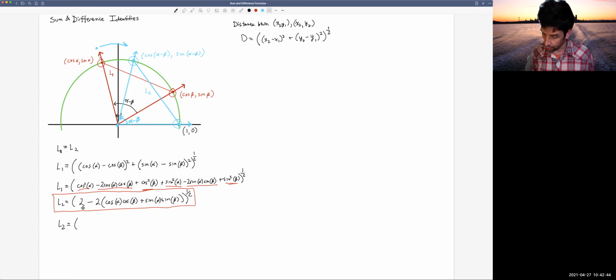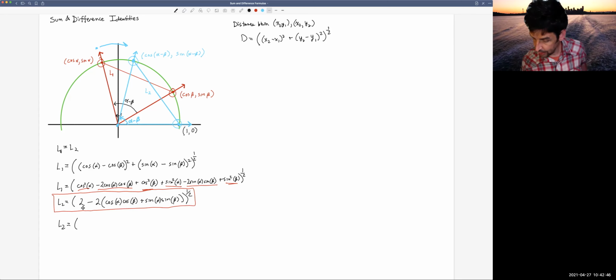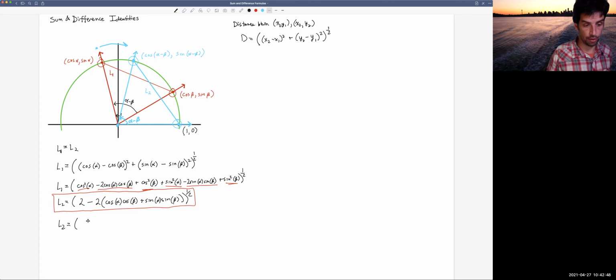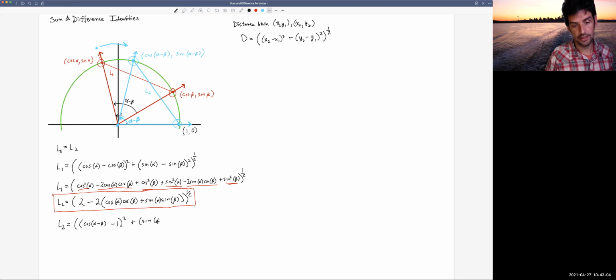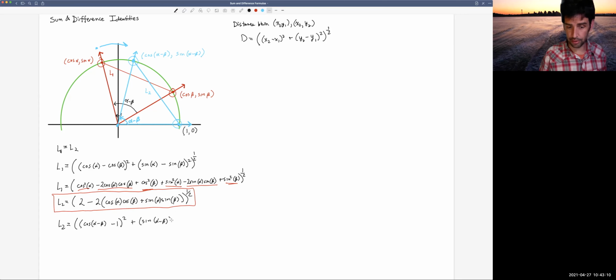So again, I'll start with the difference in the x coordinates. So the first x coordinate up top there is cosine of alpha minus beta. And the other x coordinate is 1, squared. And then the y coordinate is sine of alpha minus beta. And then we're subtracting 0. The other y coordinate is 0, so I'm just going to leave that off.